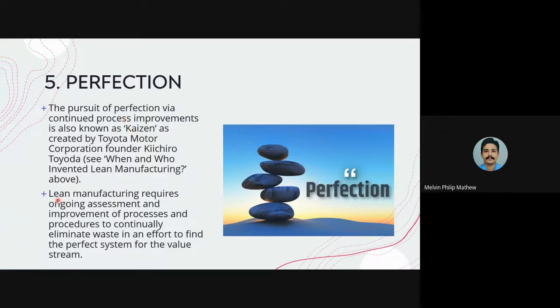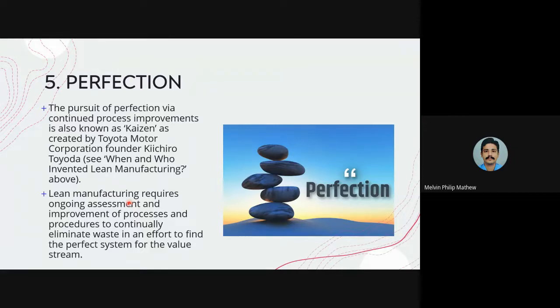Lean manufacturing requires ongoing assessment and improvement of processes and procedures to continually eliminate waste in an effort to find the perfect system for the value stream. So you already know what a value stream is and how it is mapped. Under the perfection category, it is said that each and every process must be perfect.